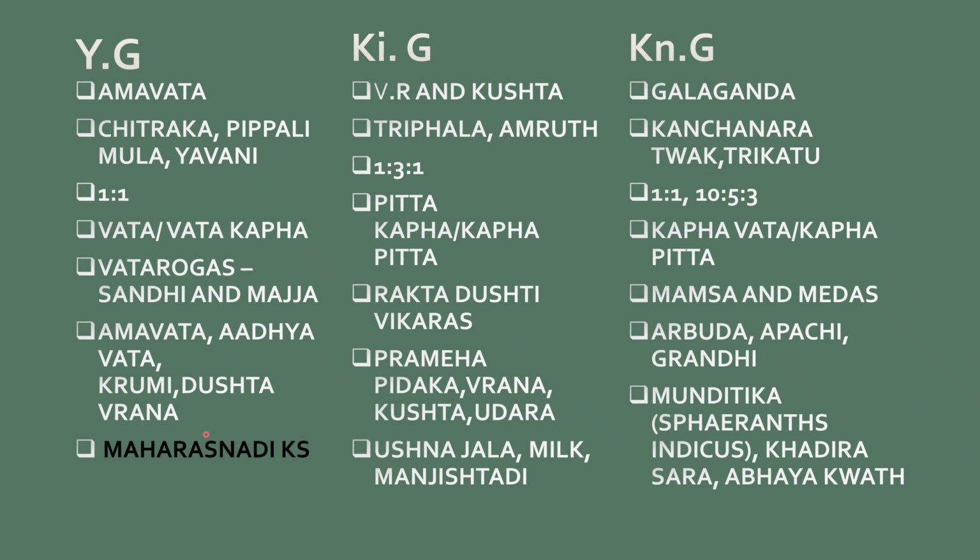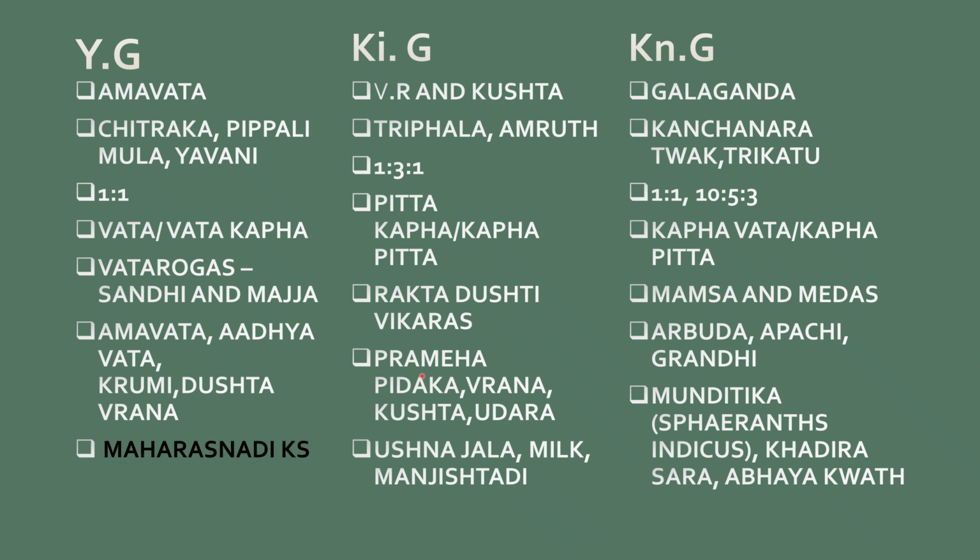Dushtavrana can be due to Avarana pathology, right? When there is Kapha Avarana in Vata, especially in diseases like peripheral arterial disease, there is Avarana, that is arteriosclerosis or atherosclerosis. So Avarana will be there, causing reduced blood supply and leading to gangrene, dry gangrene. So in Dushtavrana also, Yogaraja Gugulu can be indicated.